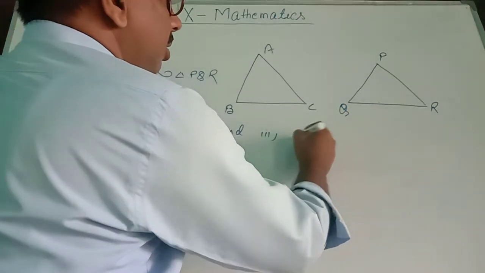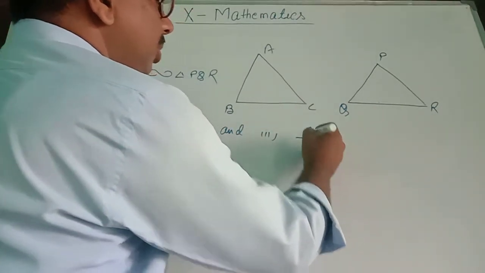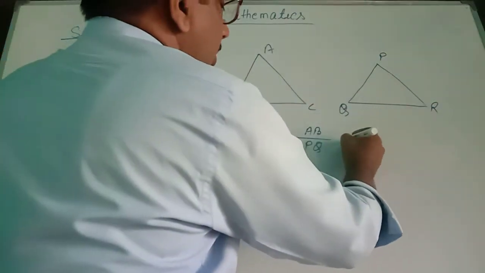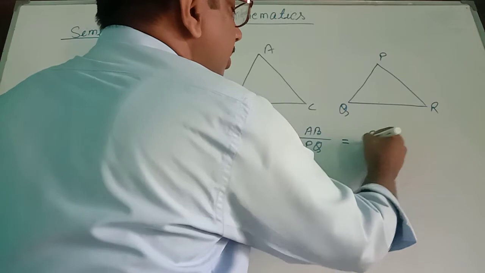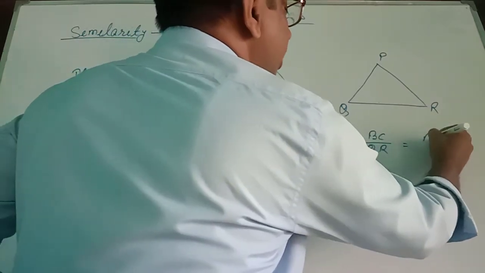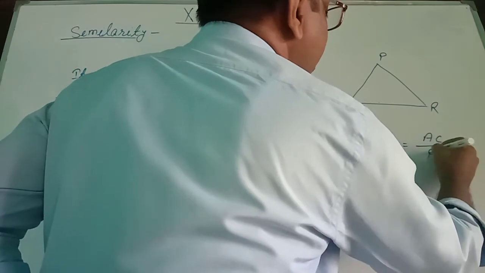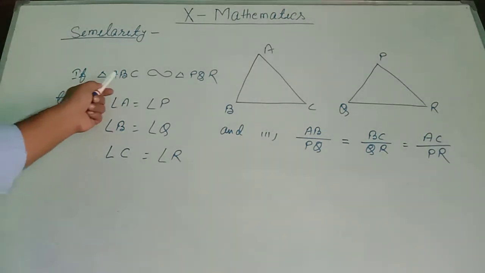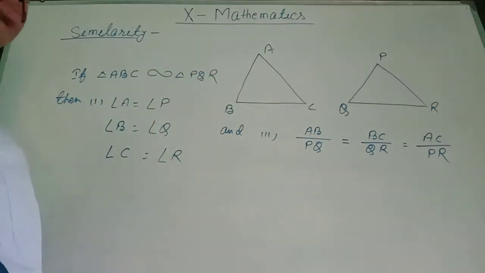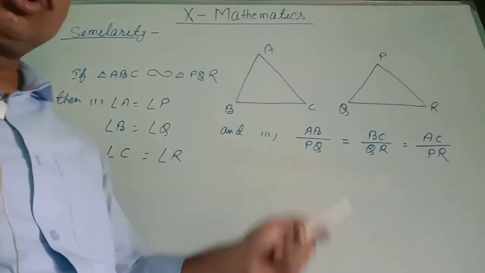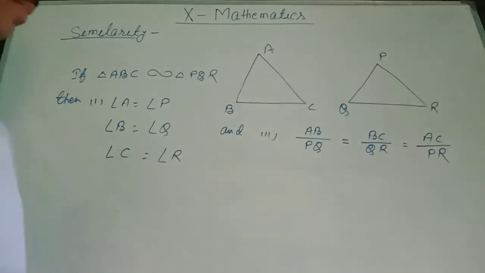AB by PQ, this is the ratio of corresponding sides, equal to BC by QR equal to AC by PR. So these two conditions you are seeing: if triangles ABC and PQR are similar, corresponding angles will be equal and the ratio of the corresponding sides will also be equal.